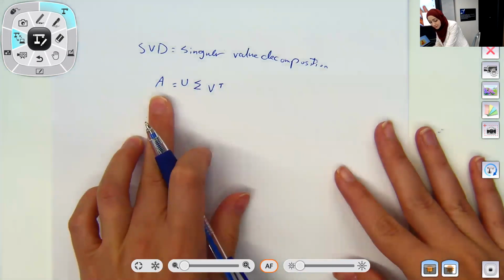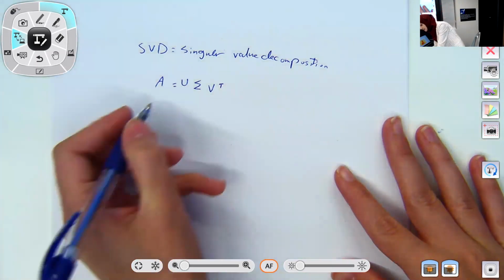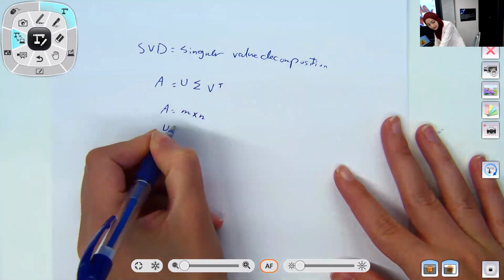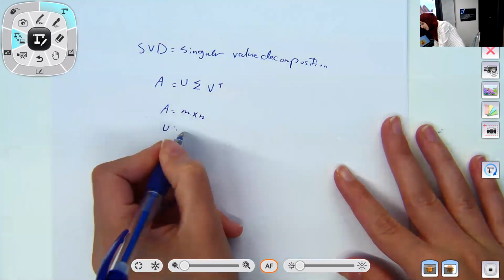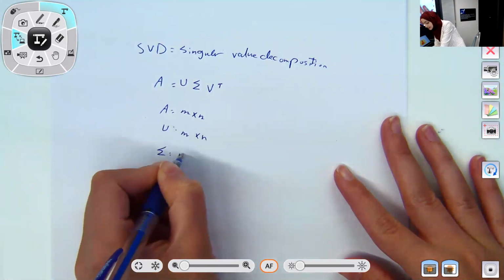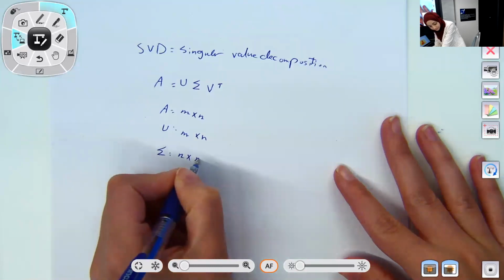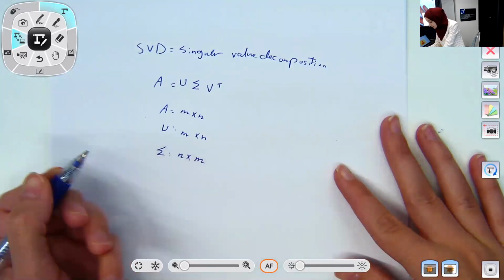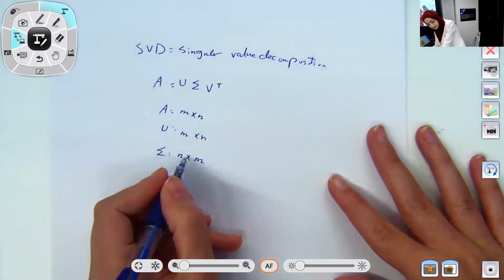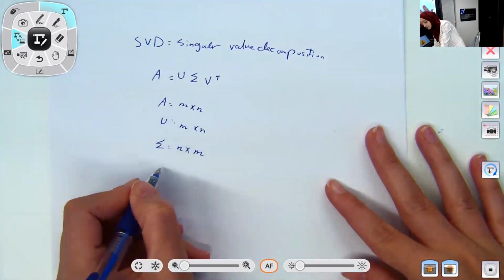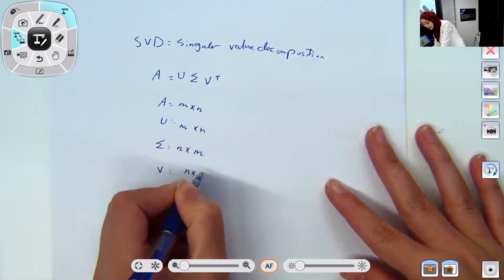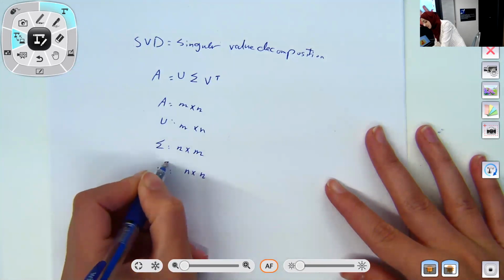Here the matrix A has dimension m times n. U is a matrix with dimension m times m. Sigma has dimension m times n. And the matrix V has dimension n times n. This is V transpose, okay?